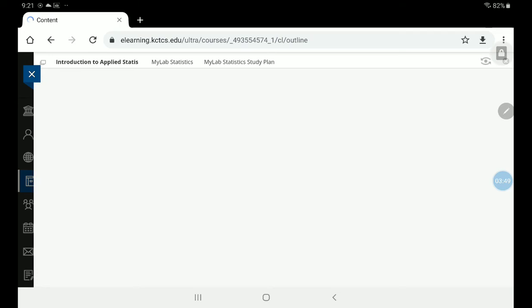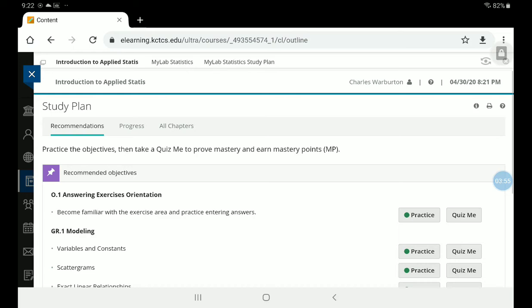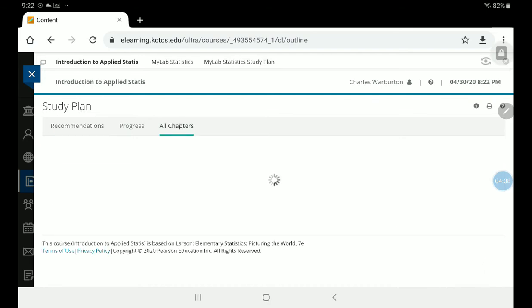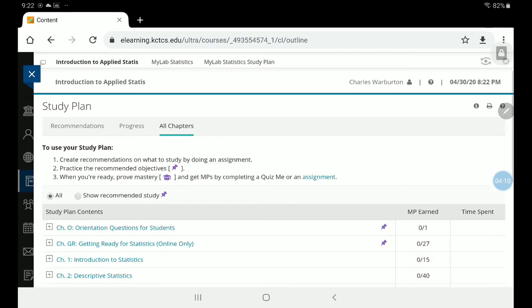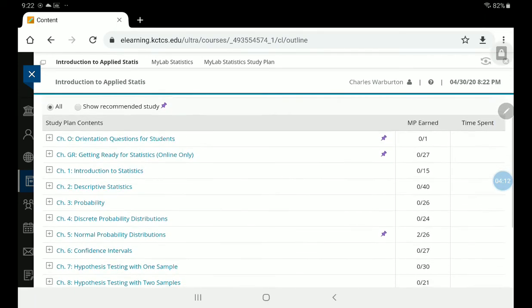When I prepare for my final exam, which is going to be on MyLab Statistics, I can study using the study plan. Once you're in the study plan, go ahead and click on all chapters. That will bring up the different chapters in the textbook.